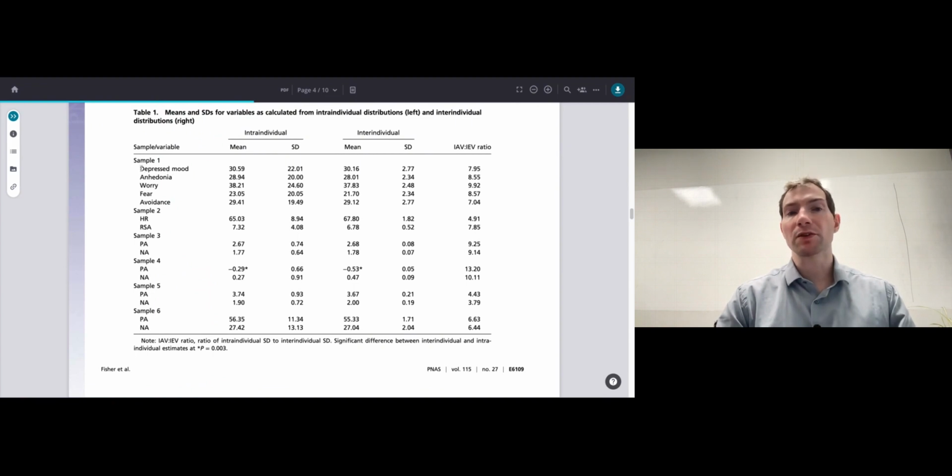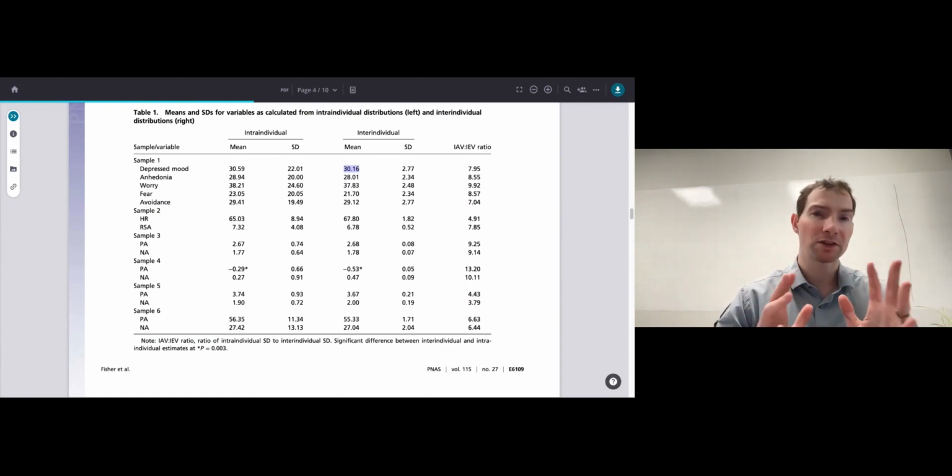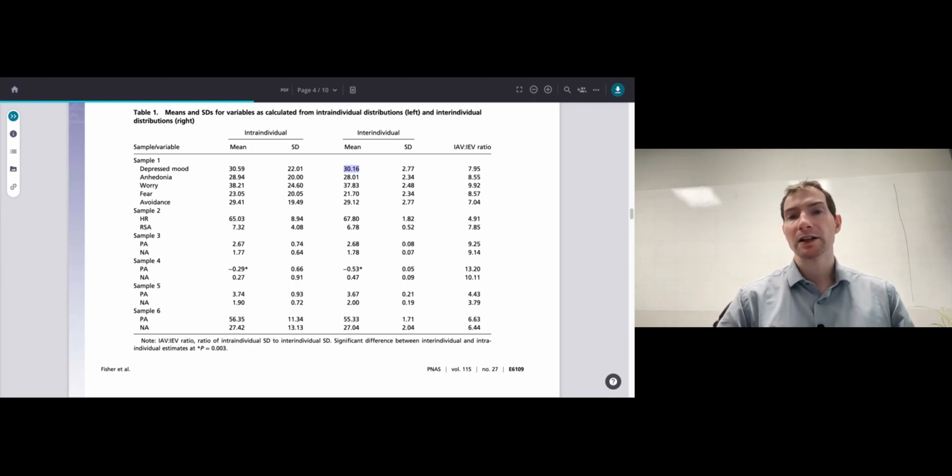And so, for example, they had a scale to measure the level of depression of each patient over time, and what you see is that the mean for the intra-individual, so within the single person, is 30.59, which is not too different from what you would find for the mean in the cohort. Okay, so that's fair enough, and maybe a little bit expected, not necessarily, but that's fair enough.